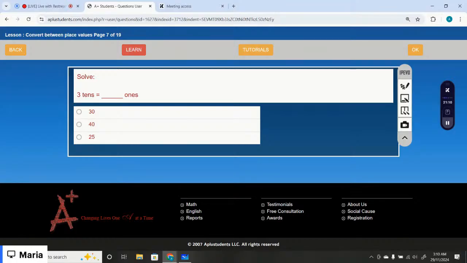That is 3 tens equal 30 ones. Option number 1 is the correct option.